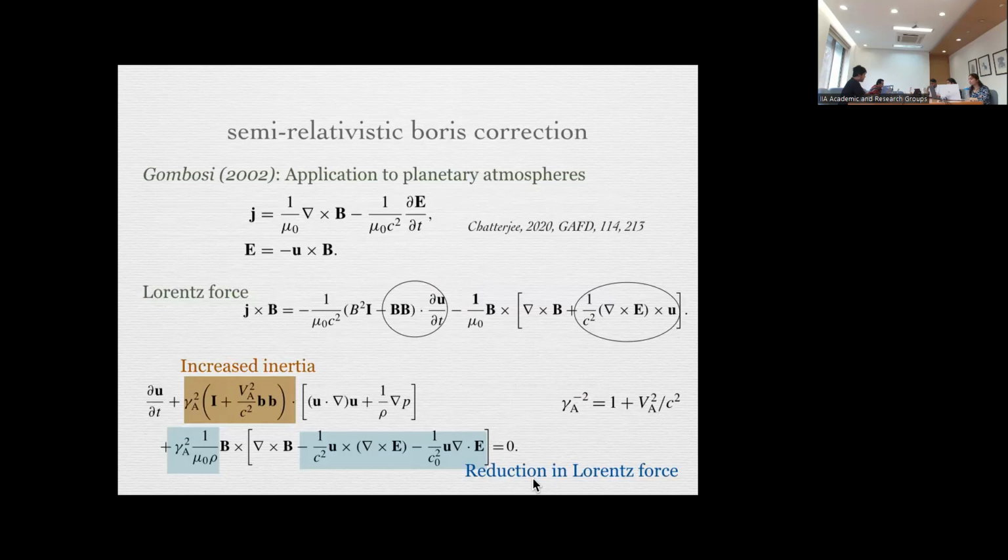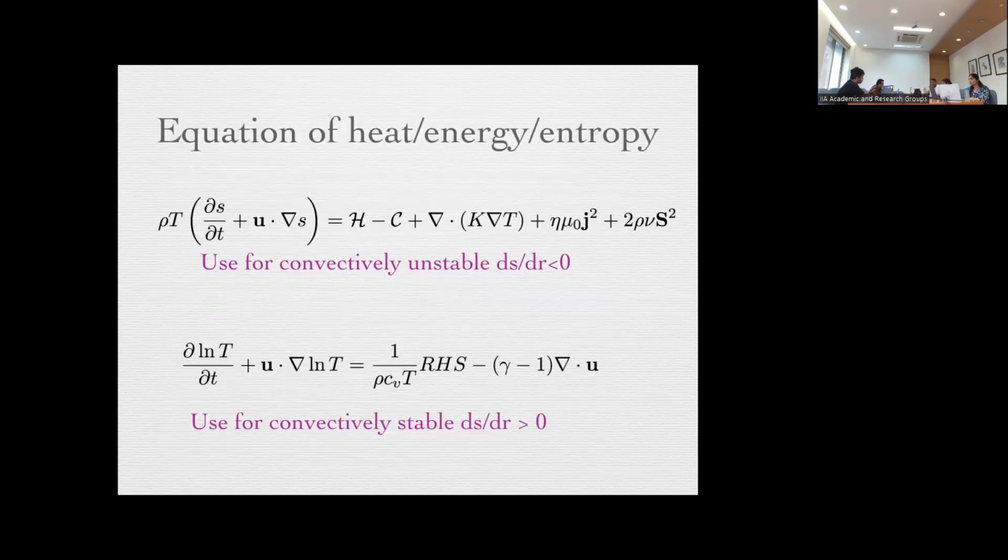And then you essentially have a reduction in the Lorentz force. So basically you are limiting the Lorentz force there. This kind of correction helps us work with stellar interiors at a much lower viscosity than a lot of other codes. So you can go to lower viscosities and still have a code which does not crash.